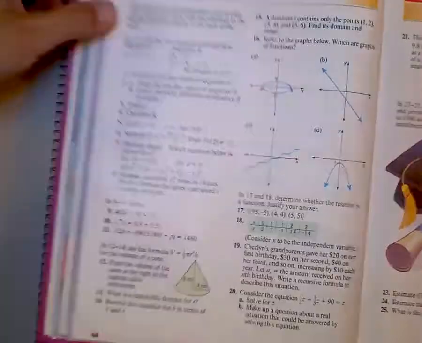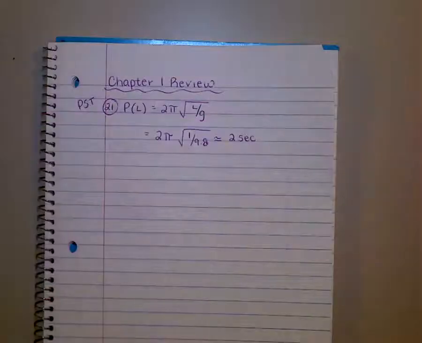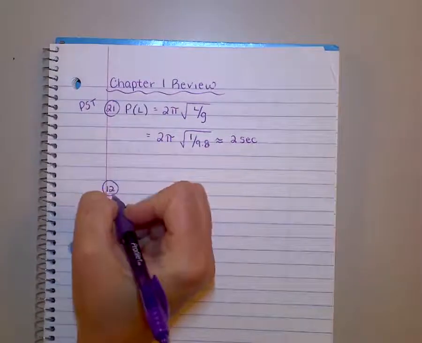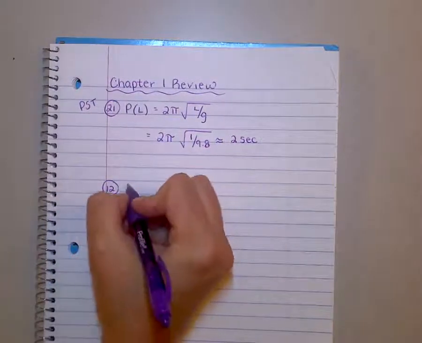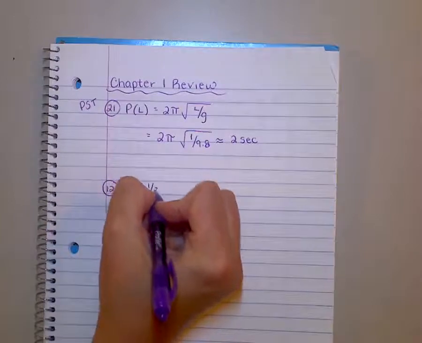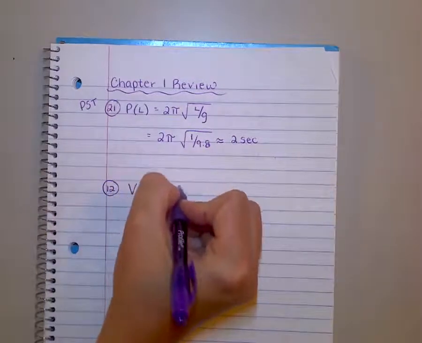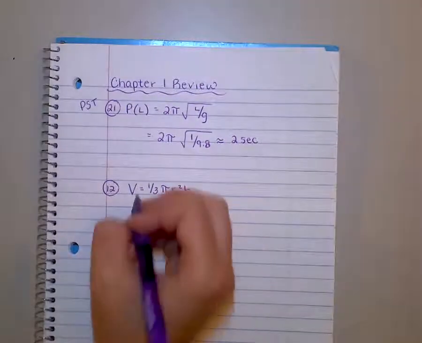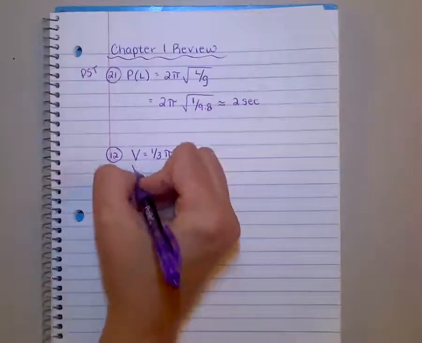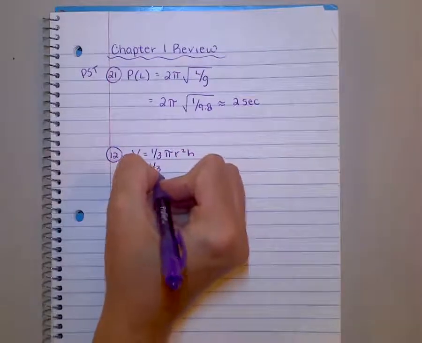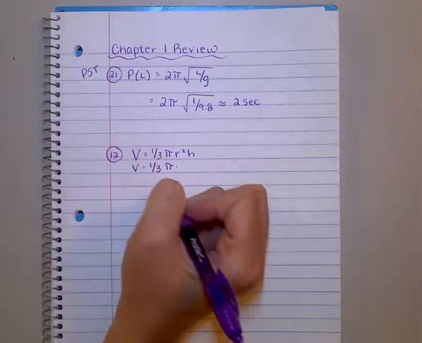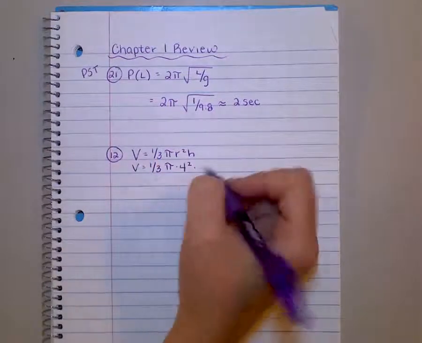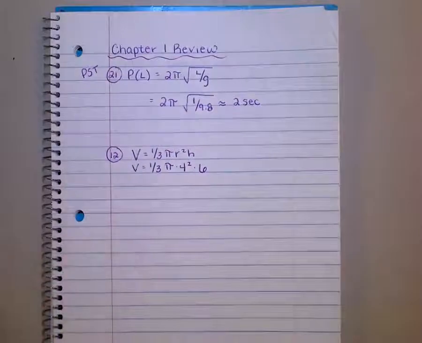Okay, so I'm going to go back to my paper here. Number 12 is pretty straightforward. It gives me a formula for volume. It tells me that my formula is V equals 1/3 pi R squared H. And then all I have to do is plug in the radius and the height, which I know you can't see it anymore, but it's 1/3 pi times the radius, which was 4, squared, times the height, which is 6.